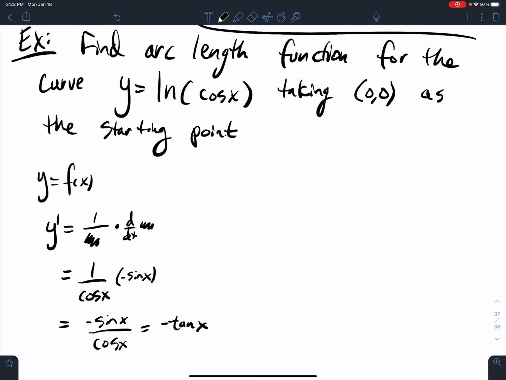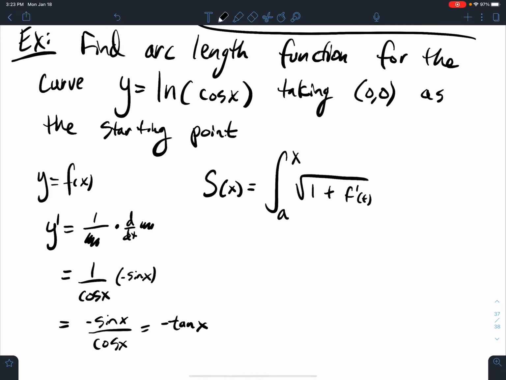So I'm going to take my integral. The arc length s of x is equal to the integral from a to x of the square root of 1 plus the derivative squared. What is a? It's 0, 0, so the x value is 0 here.